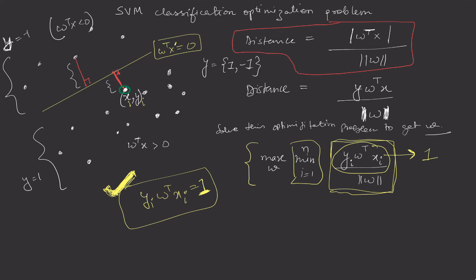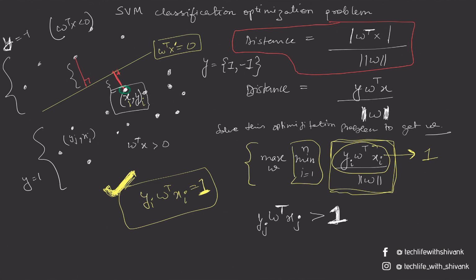So now, since yi w transpose xi is equal to 1, for all other points, let's say yj xj, where j is not equal to i, for any other point yj w transpose xj should be greater than 1, because the distance of those points from the hyperplane is greater than the distance of this point from the hyperplane, and the distance of this point from the hyperplane would be 1 by mod w.